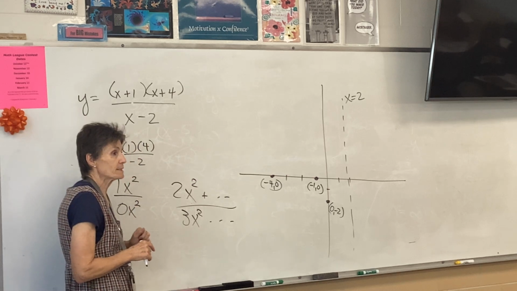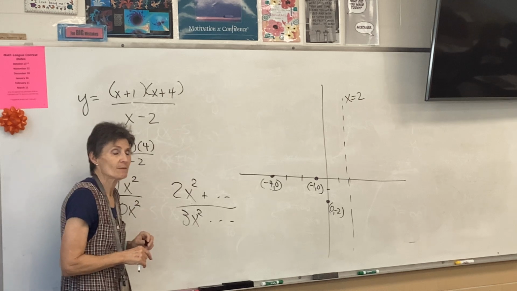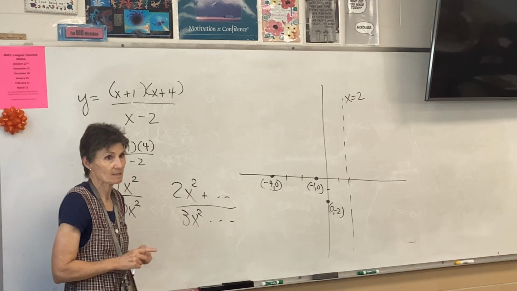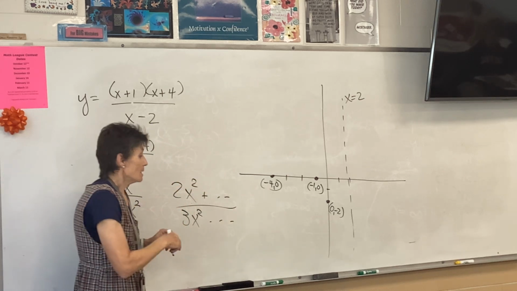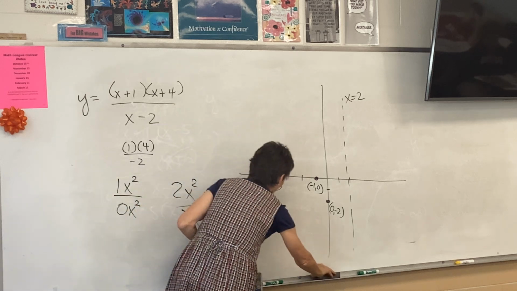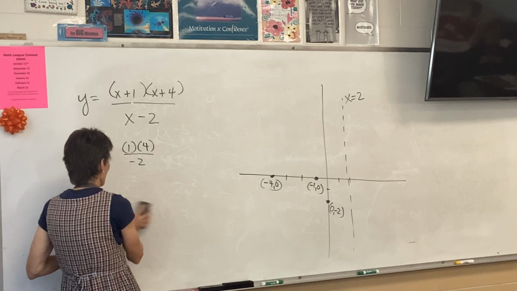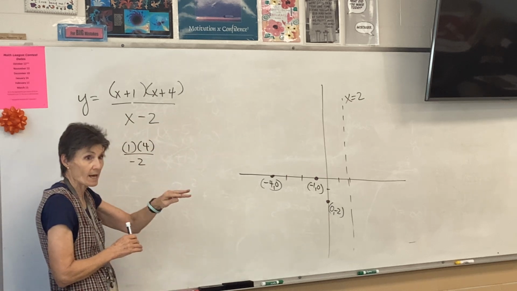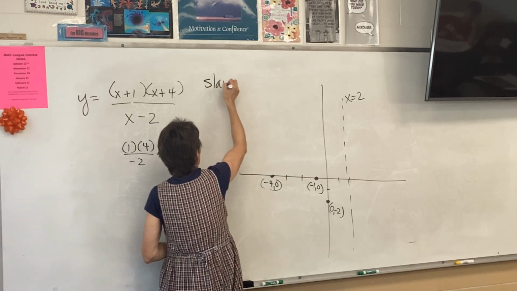When the power on top is bigger than the power on the bottom, then you have some other kind of asymptote, not a horizontal line. When the power on top is 1 bigger than the one on the bottom, which is what we have, x squared over x, you have what's called a slant asymptote.